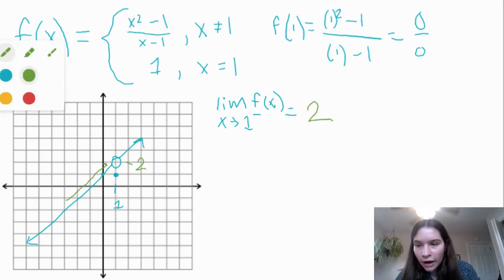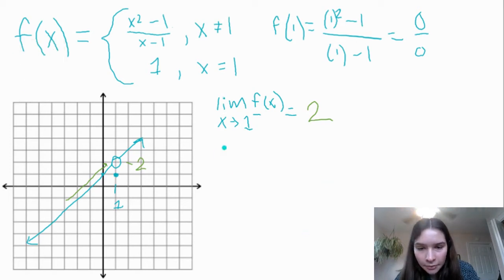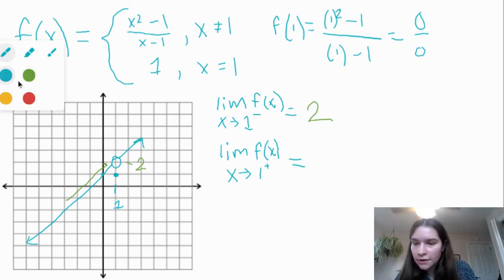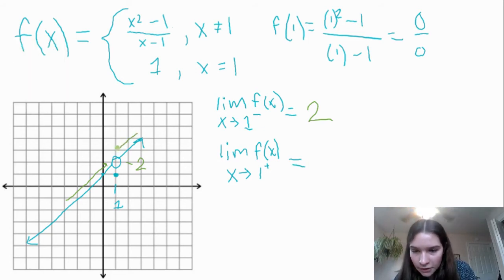Now let's look at our right-hand one. The limit of f of x as x approaches 1 from the right equals, let's look at this. Okay, we're getting closer and closer to 2 as well.